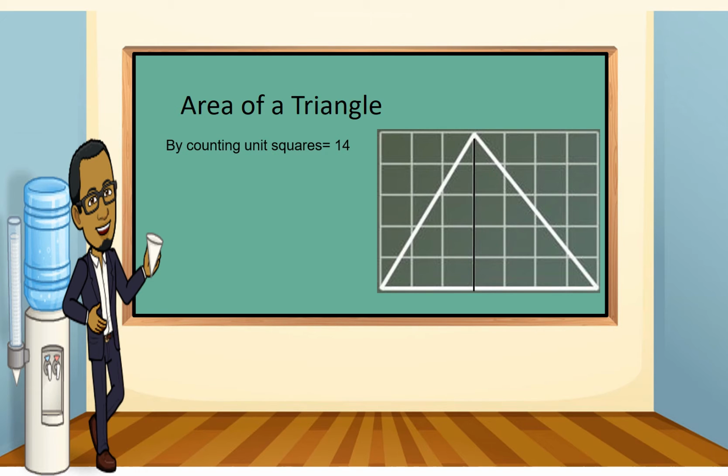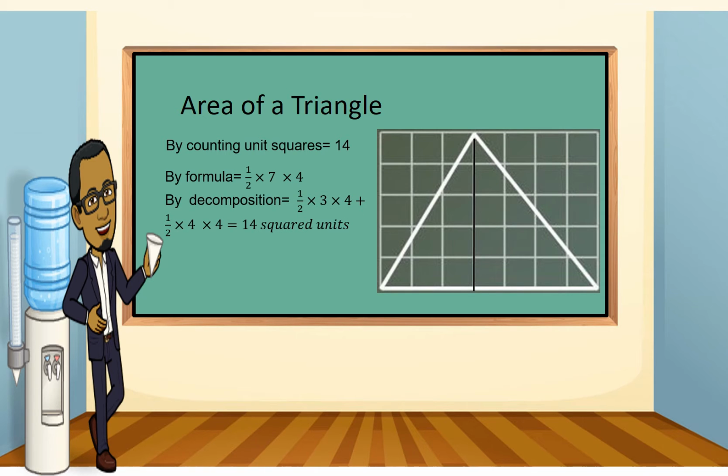Yes, we could start off by counting squares, which would give us an area of 14 unit squares. We could also use the formula half of the base multiplied by the height, which would give us half of 7, which is 3.5, multiplied by 4, giving us 14 unit squares.